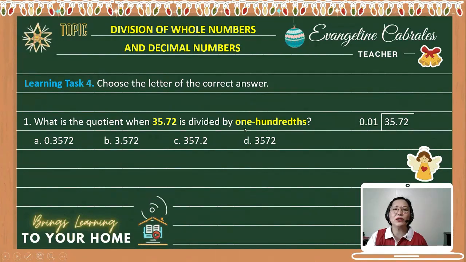So, kapag ganito na word form ang given, kailangan isiping mabuti kung anong equivalent niya sa numerical form. Itong 35 and 72 hundredths ang dividend. And dahil kasunod ng by ang 1 hundredths, siya ang divisor. 1 hundredths in numerical form is this, 1 hundredths.